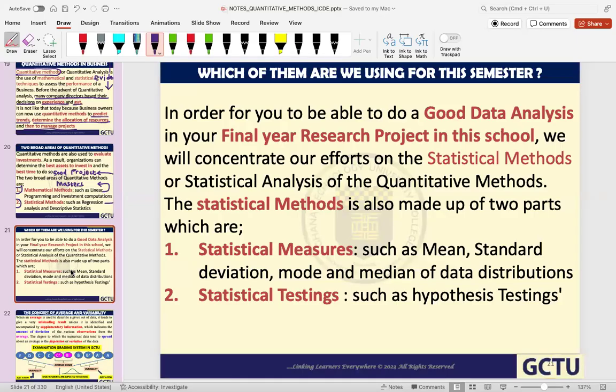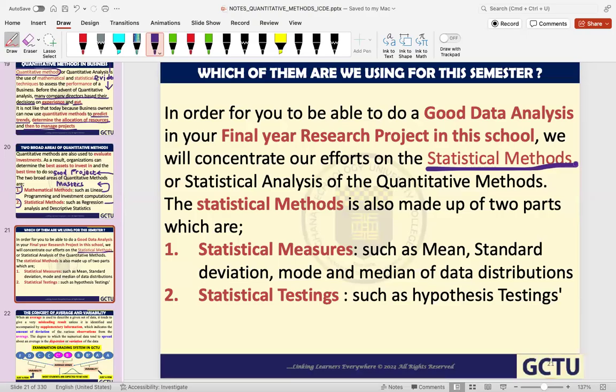I'm saying that to do a good data analysis for your final year research project, we will do the quantitative methods, which has the statistical methods. Statistical methods. So take note of that.